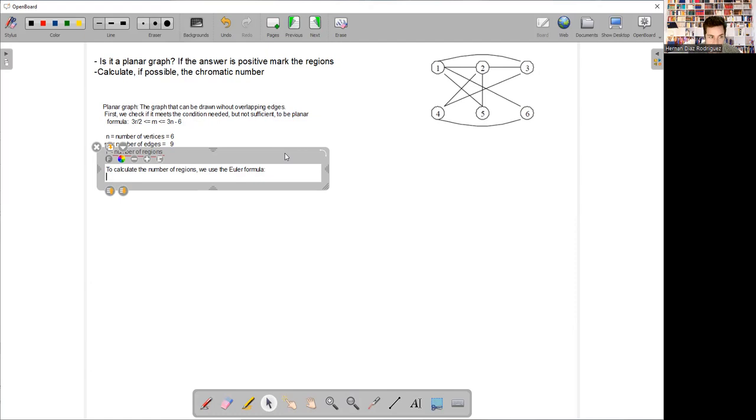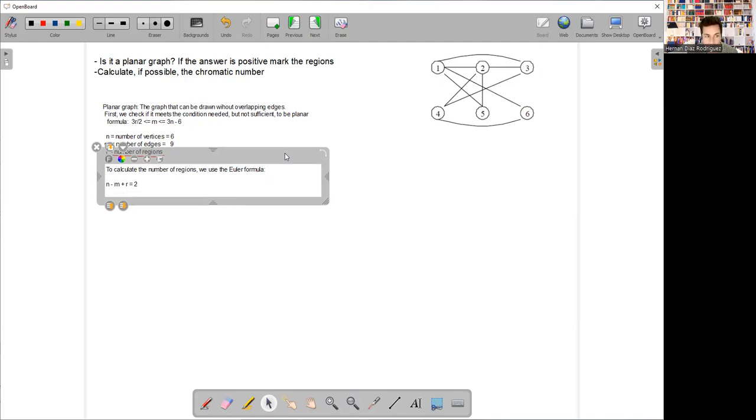And this formula says that n minus m plus r is equals to 2, right?